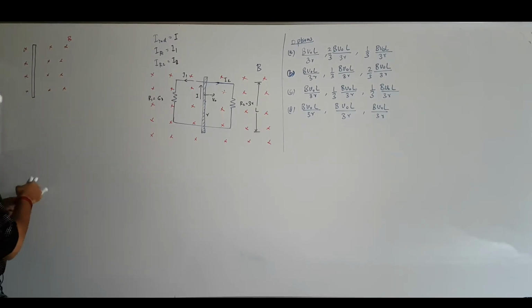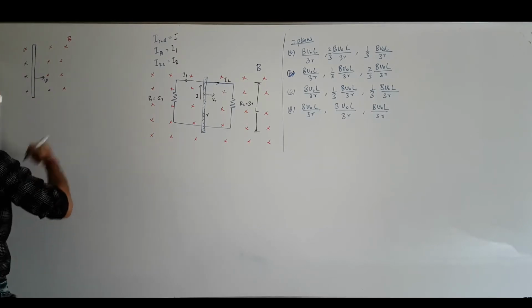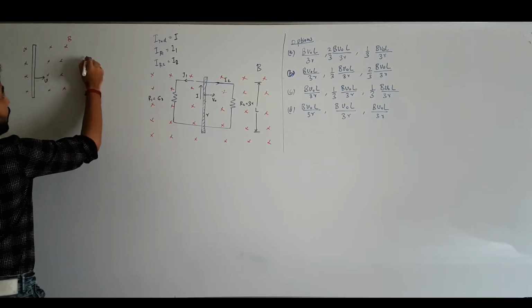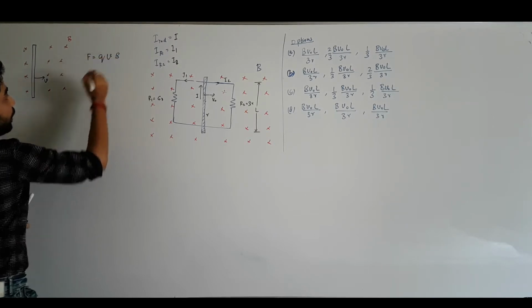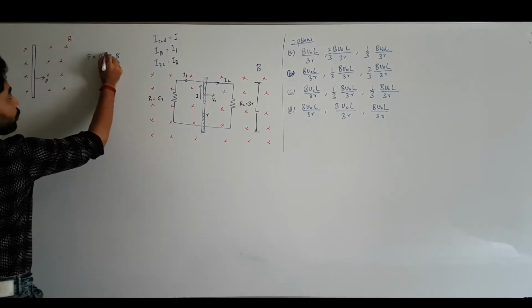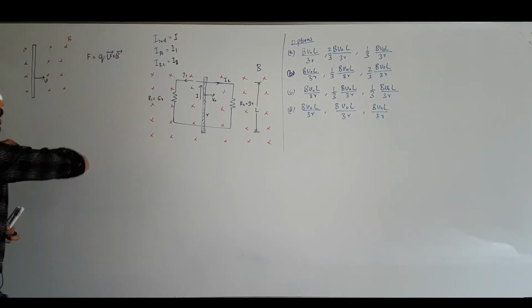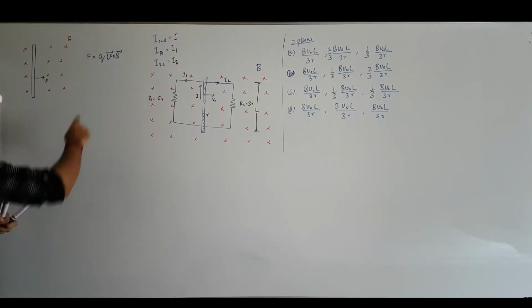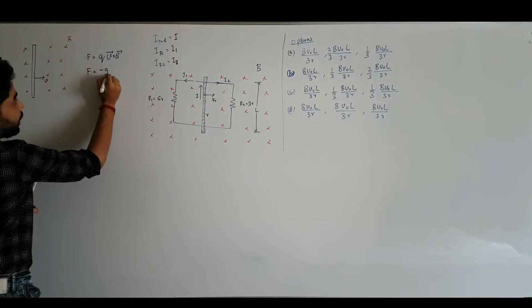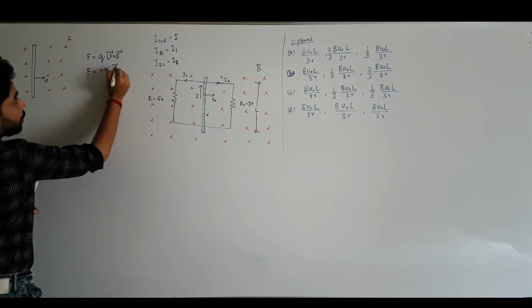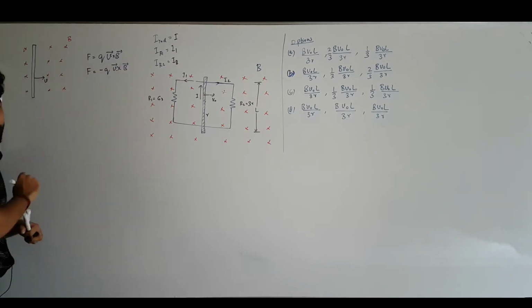Since it is moving with some velocity v, these charges will experience a force F equal to QV cross B. This is for the positive charge, and for a negative charge, it will be in the opposite direction.